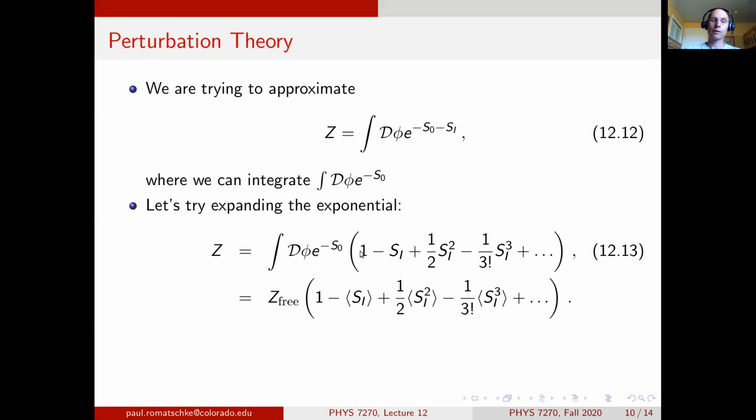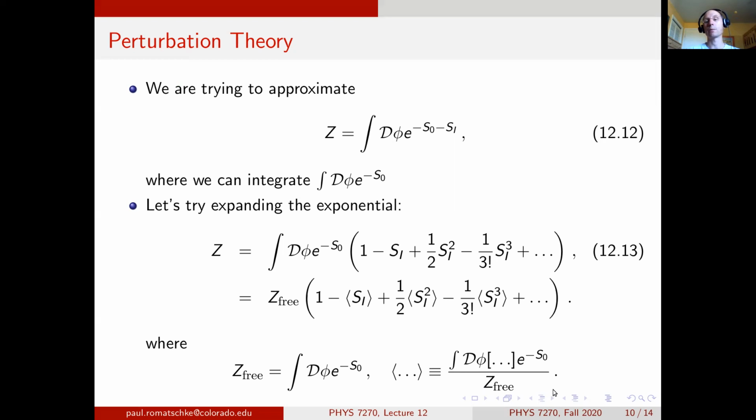The first part, where we have a 1, is just the free partition function, and we can pull this out of the expansion such that the interacting quantum field theory is given by the free partition function times 1 minus the expectation value of S_I plus 1/2 the expectation value of S_I squared, and so on. These expectation values are simply defined as the path integral of whatever we are trying to calculate times e to the minus S_0, the whole thing divided by the free partition function.